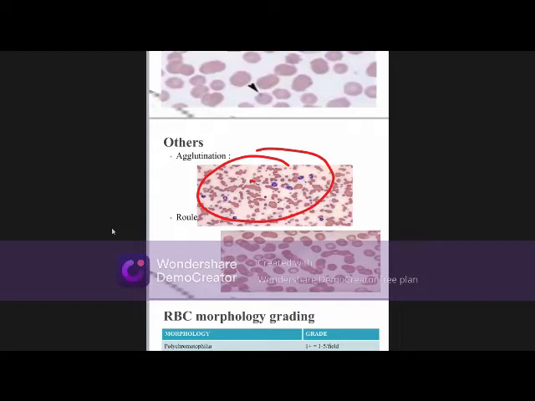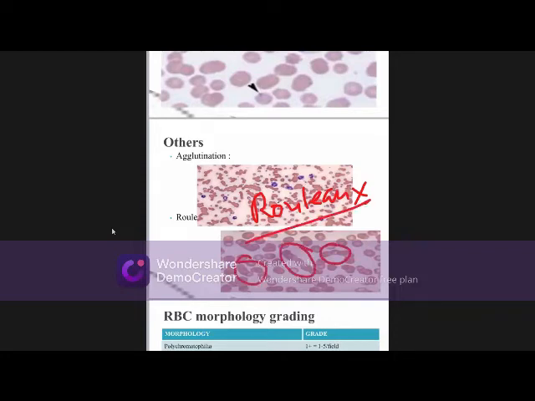Okay? Then when you say rouleaux formation, rouleaux is a stack of coins. It looks like our RBCs are stacking on top of each other. So sir, when will it happen?